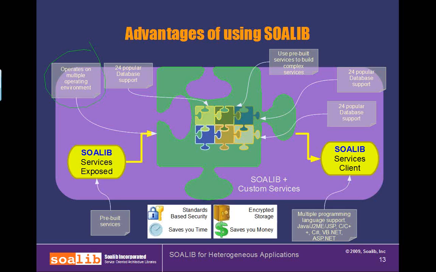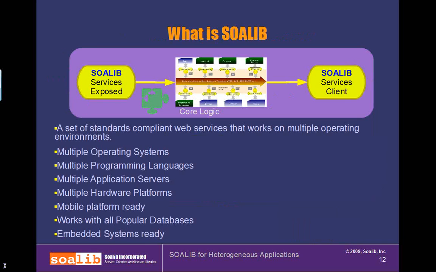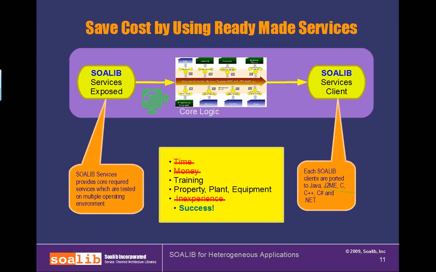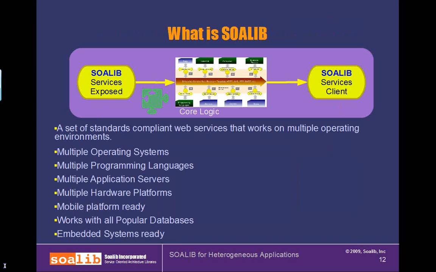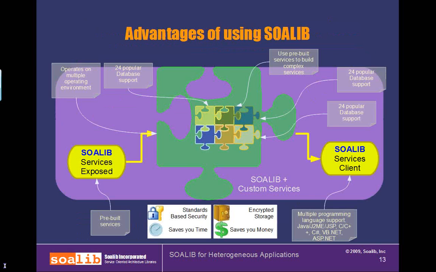And on the programming languages, on the server side it is all Java. On the client side it supports J2ME, C, C++, C#, and any other .NET language like VB.NET or ASP.NET. It also supports Java application servers.